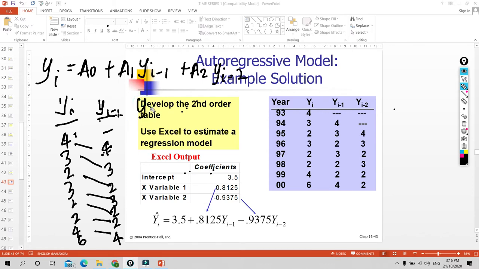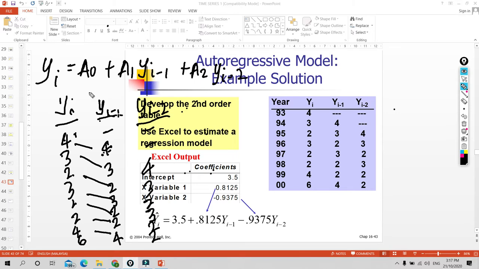And the second order, y i minus 2: we do not have the data for the first two, so for this part we take the previous two steps, two steps behind. For this case we have 4 here, this is 4, and here is 3, this is 2, here is 3, 2, this part is 3, and here is 2, and this one is also 2.